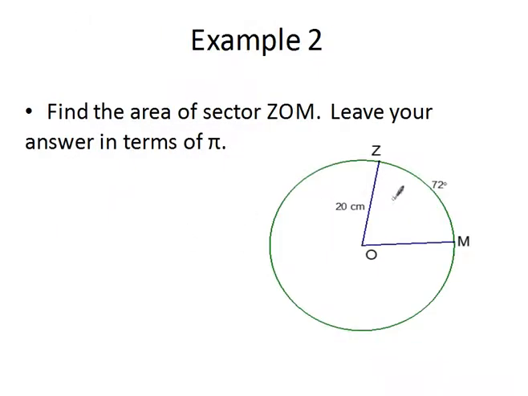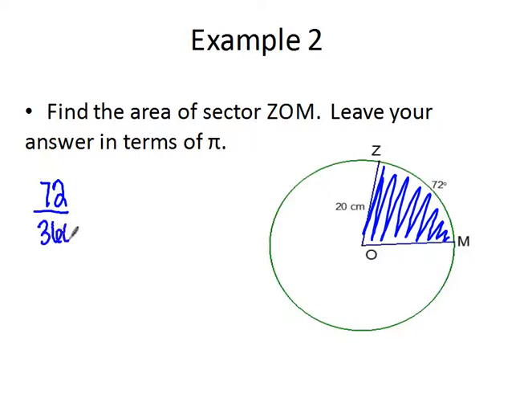Alright, so let's try it. We're going to find the area of the sector ZOM of this whole chunk right here. So we take the degrees over 360 times the area of the circle. Our radius is 20. So we do 20 squared, which is 400, times pi. Okay, and you can reduce these like you did before. So if we do 70 over 360 and reduce it, it goes down to 1/5.